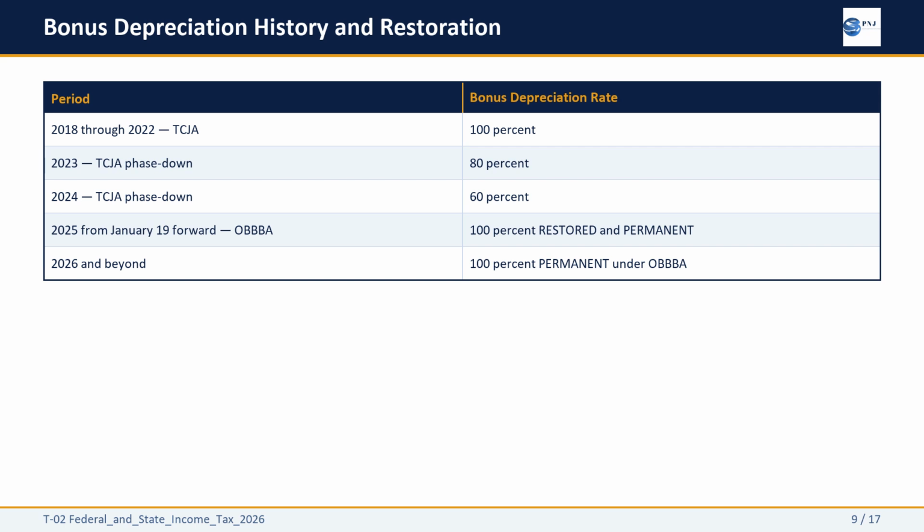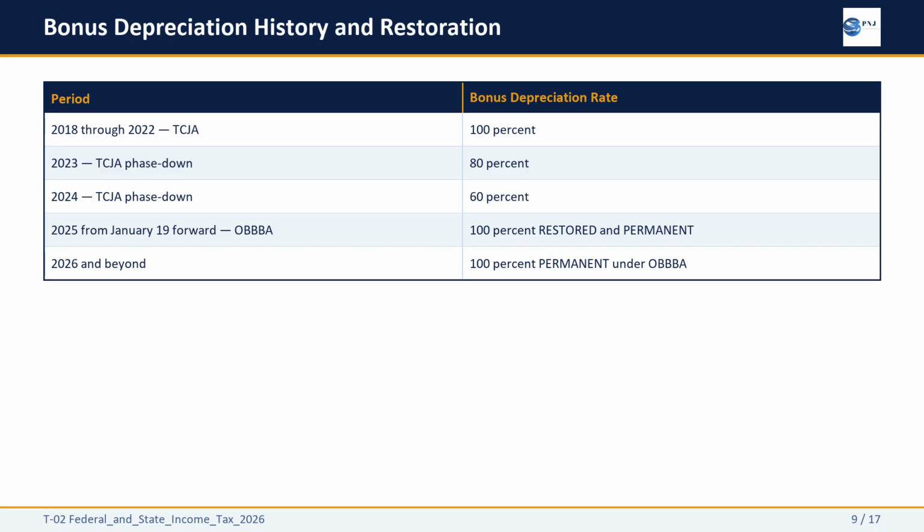However, it also scheduled a phase-down, 80% in 2023, 60% in 2024, and continuing to decline toward zero. The OBBBA reversed that phase-down entirely. For qualified property placed in service on or after January 19, 2025, 100% bonus depreciation is permanently restored. Businesses can now immediately expense the full cost of qualifying assets.